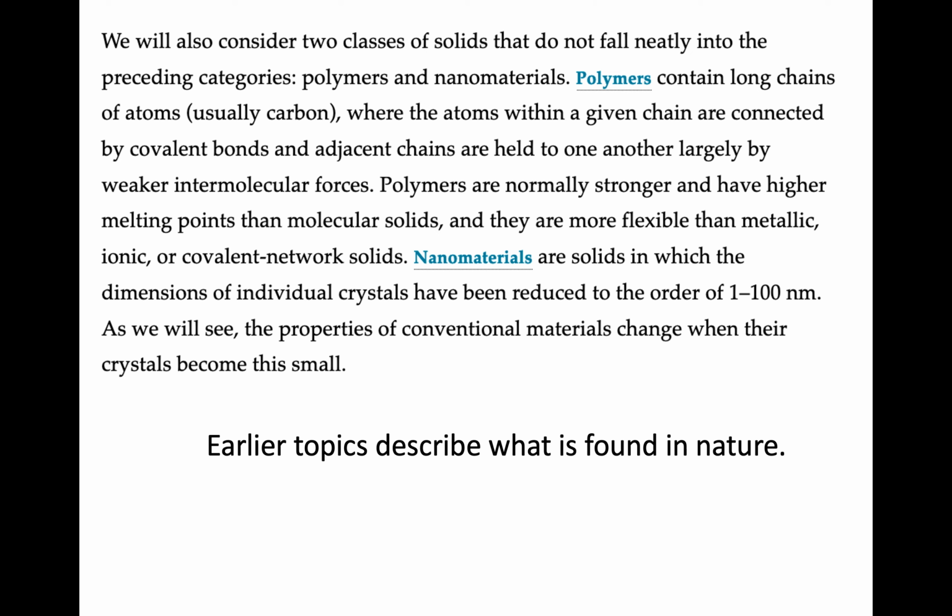But in this chapter, we're beginning to think about, well, how can we manipulate and make new compounds? How can we begin to make new materials that will have different properties? So instead of saying chemistry is just analyzing what's already found in nature, I like the way that as we begin to think about materials, we're thinking about how a chemist in material science makes materials that will have technological applications.